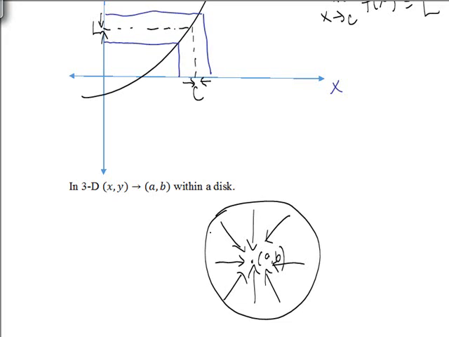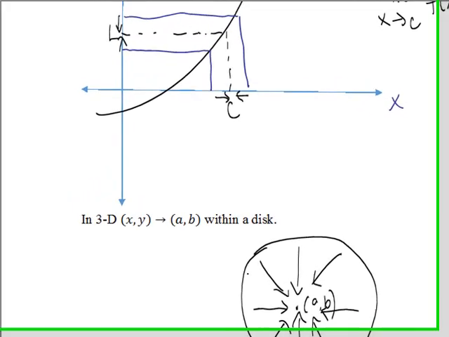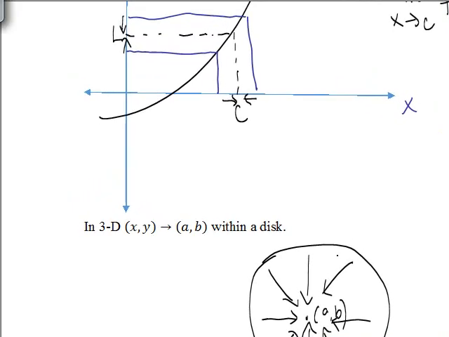For the limit to exist in 3D, the limit must be the same as you approach (a, b) from all directions. So you must be saying, okay, how do we do that? There are an infinite number of directions. That's going to take me a long time. There's a method to that. I'm going to show you how to do that.